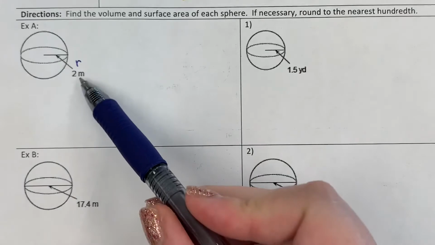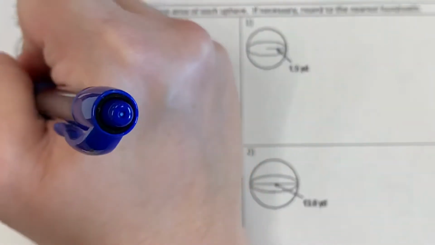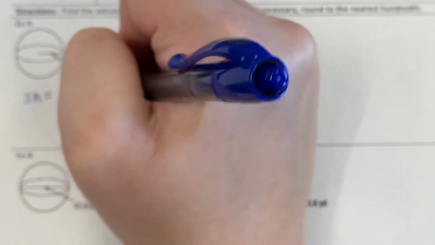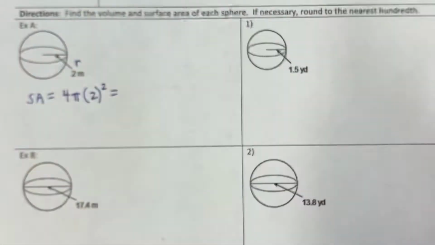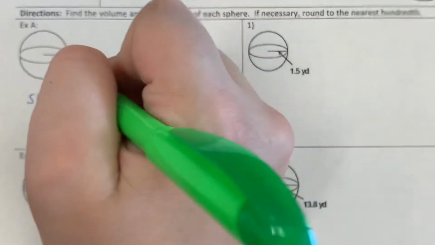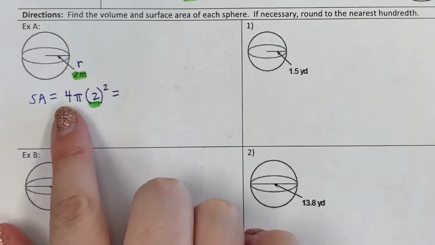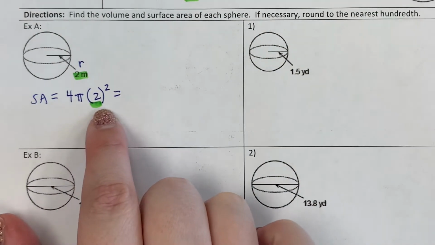So we know our radius, and I'm gonna plug in. So surface area equals, I'm doing 4 times pi times my radius of 2 squared. So all I had to plug in here was my 2 meters for my radius. And then I can type this whole piece into my calculator.